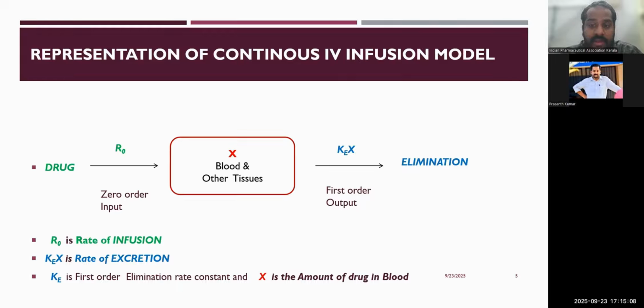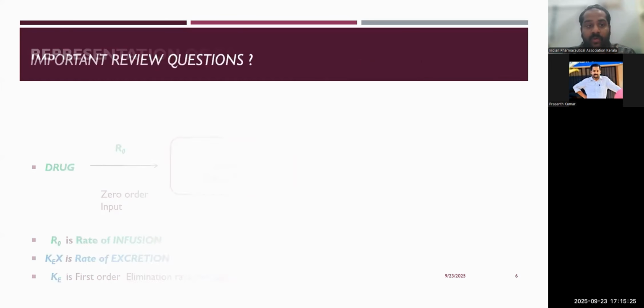That is, Ke is the rate constant of excretion, and X is the amount of drug present in blood. And Ke is the first order elimination process. So this is the general representation of how you can represent a model. So we have discussed the basics, the model, and the difference between IV bolus and IV infusion.